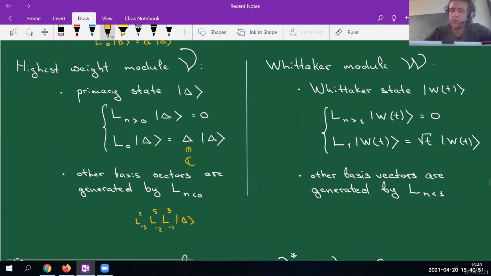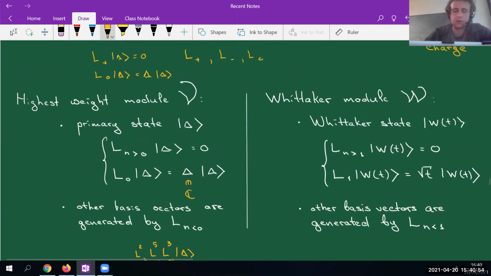Now we will also consider what is called Whittaker module. I will take just the simplest possible example. Here we should start from a Whittaker vector, which is a joint eigenstate of the annihilation part of the algebra. That is a joint eigenstate of these generators with negative indices.